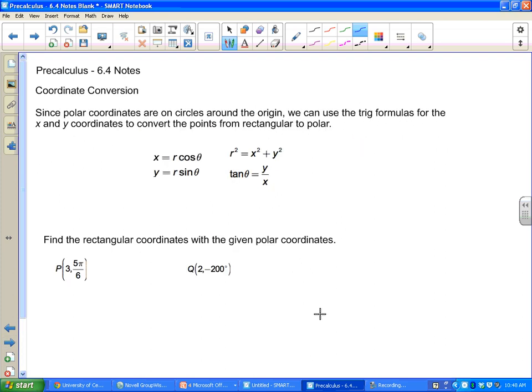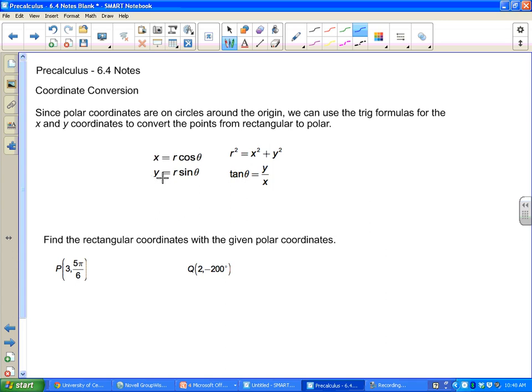Coordinate conversion. We're so used to using x's and y's, it's helpful to know how to go back and forth between them. We can use these formulas that come from what we did in trig, that cosine theta equals x over r. So if you solve it for x, it's this.